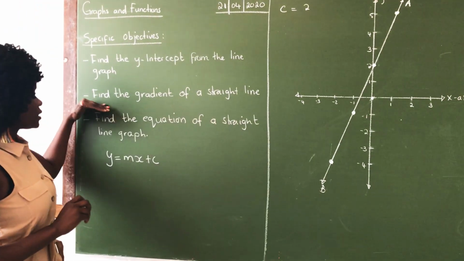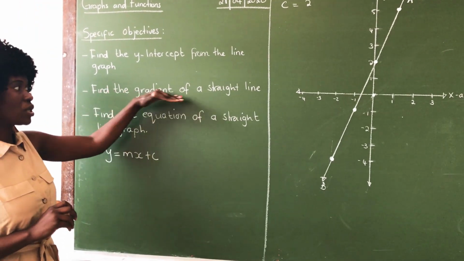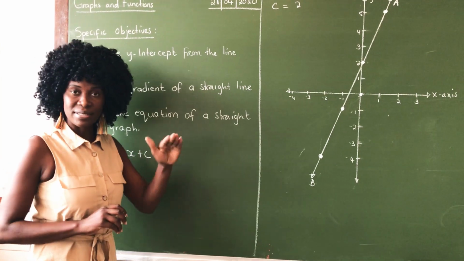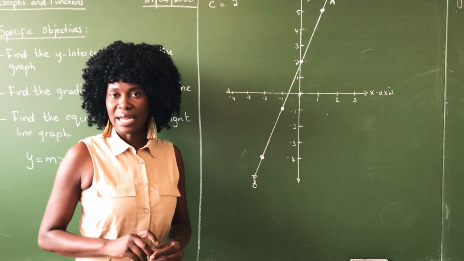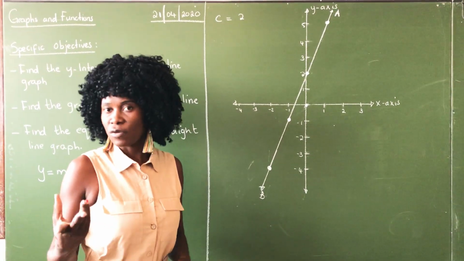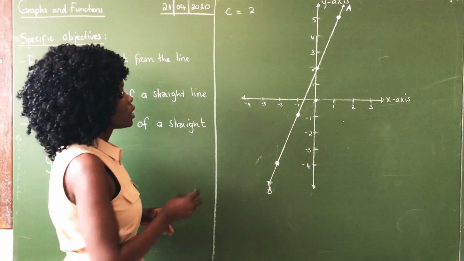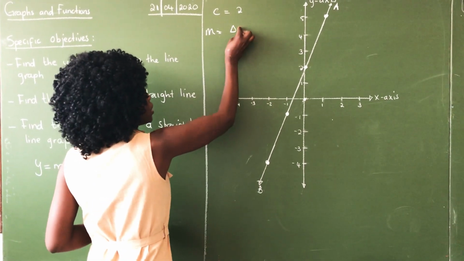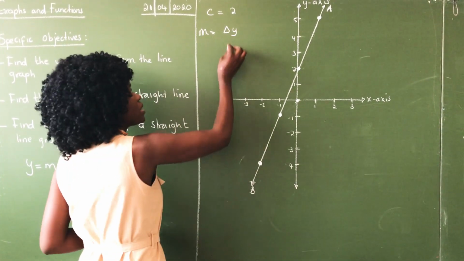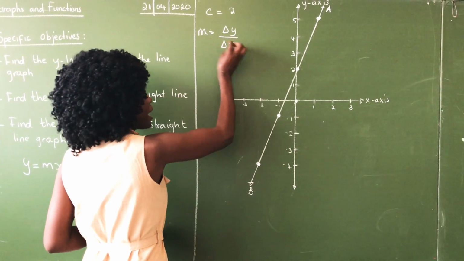Getting back to the second part, find the gradient of a straight line, the steepness. Like I mentioned earlier, the gradient of a straight line needs to be calculated. So there are two formulas that one can use. To find the gradient, which is m, we can use the formula of change in y over change in x.